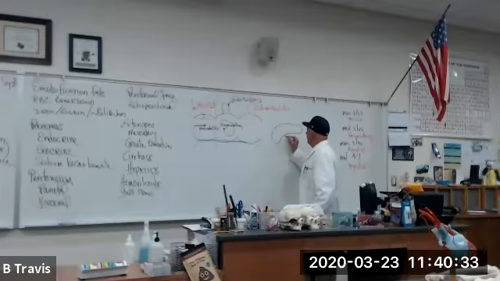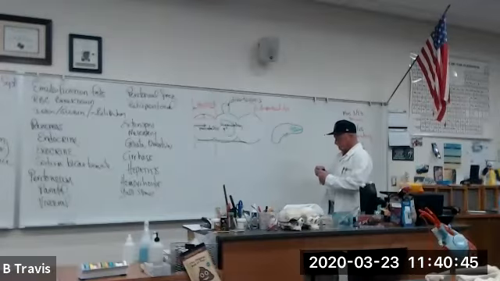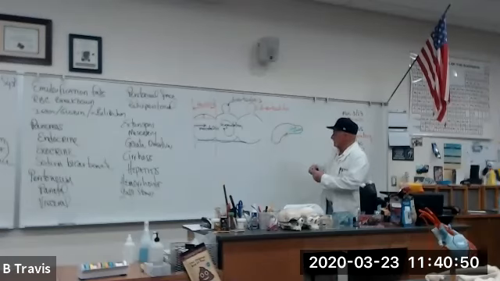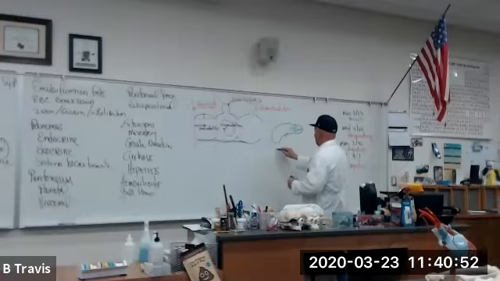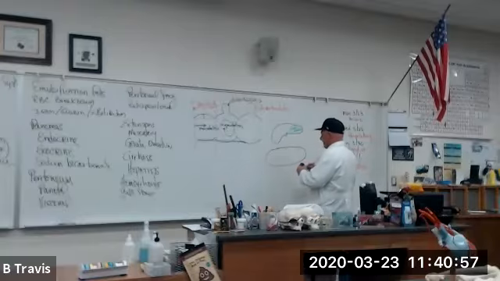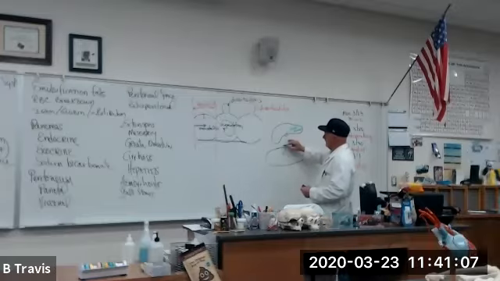Right here is the gallbladder, for storage of bile. Now what I'm going to do is lift that liver up like this so you can see the bottom of it. We lift it up from the bottom, it looks something like this. So this here and this here are the same.